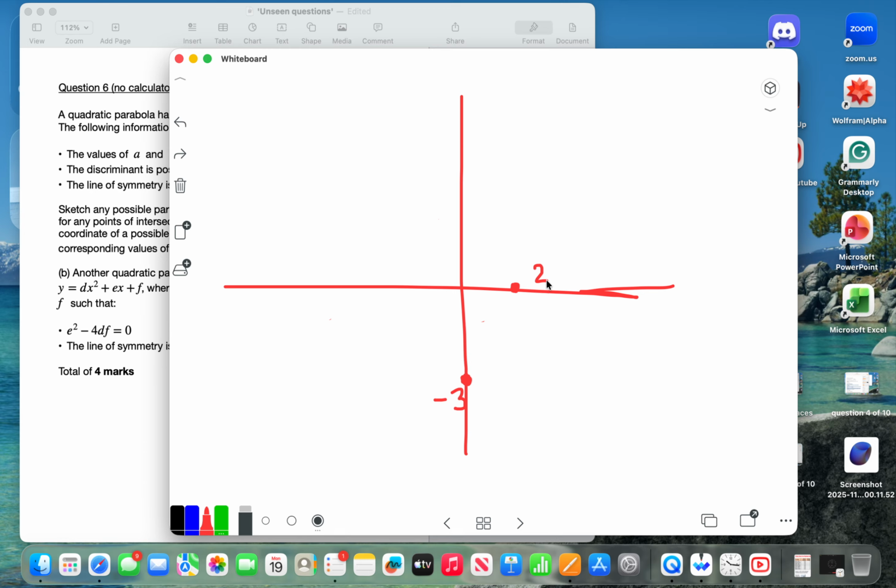And this time let's do a minimum turning point instead of a maximum turning point. And for this one, we need it so the two roots are equal distance away from 2. So suppose that is the minimum turning point. Well, we could have -2 and we could have 6.